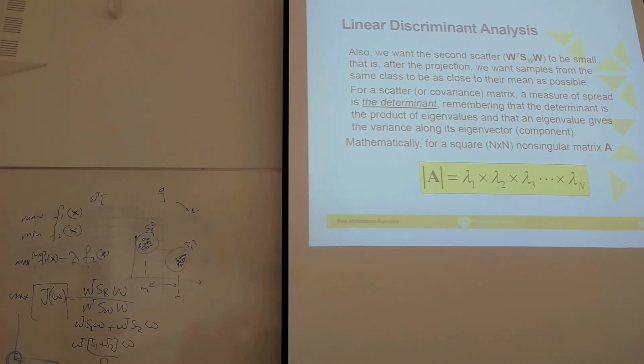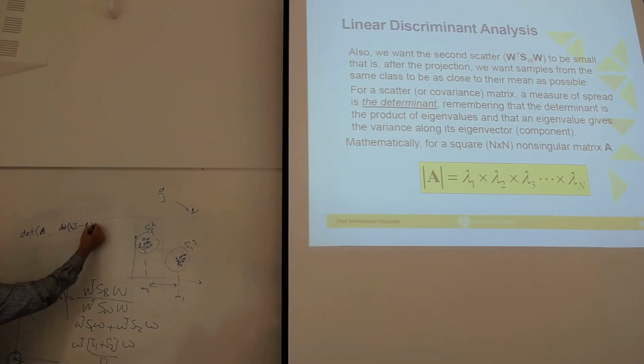The determinant of any matrix A is found by solving the determinant of lambda I minus A equal to 0.